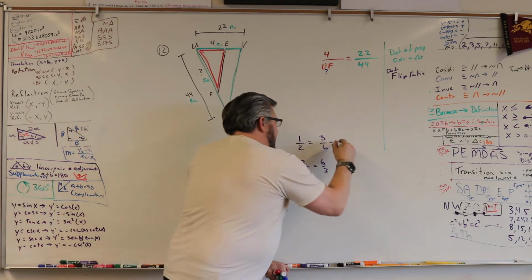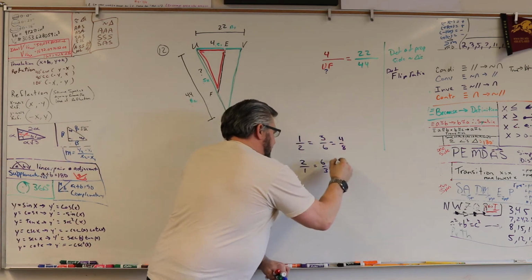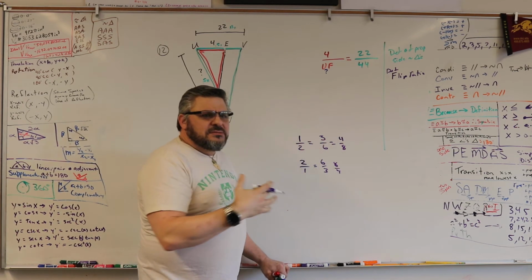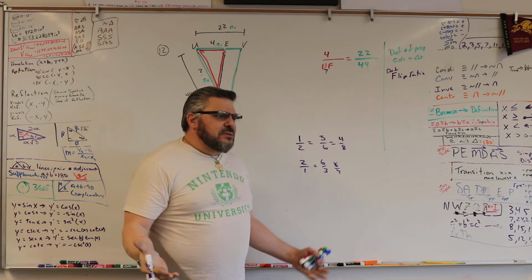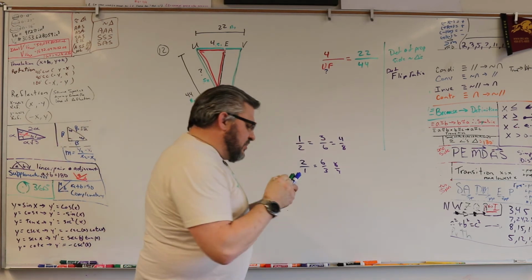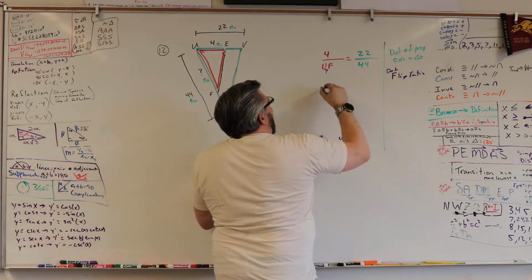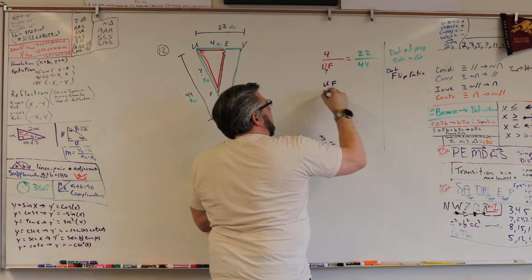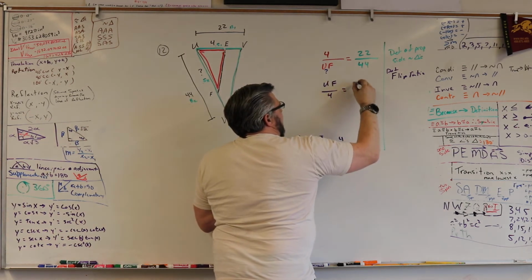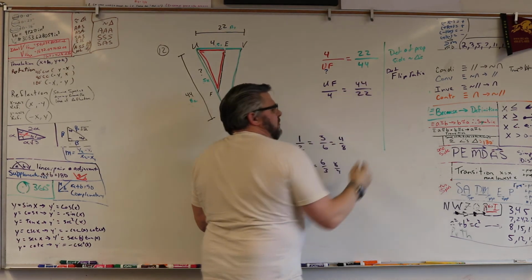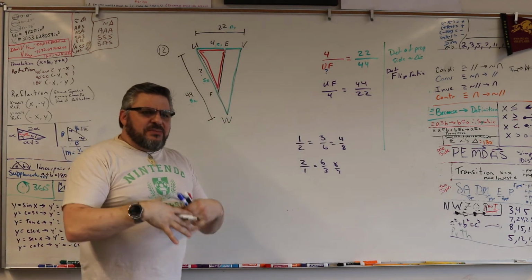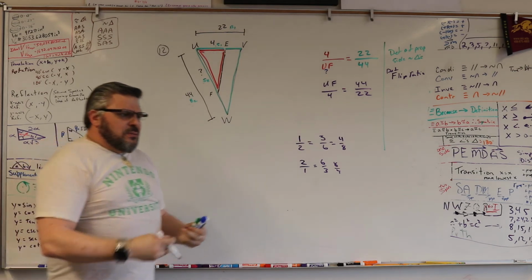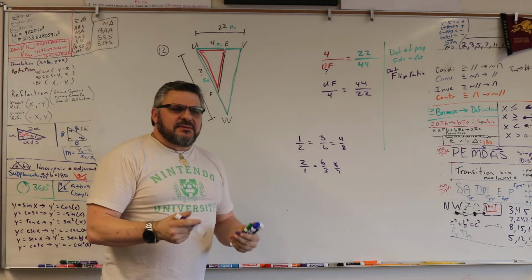And then I said, well, does that always work? 4 8s, 8 4s. Okay, it always works. So what that means is I could go UF over 4 should equal 44/22. And I created my own thing where I could flip both sides of the equation.